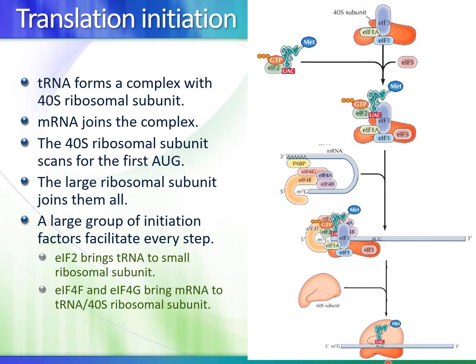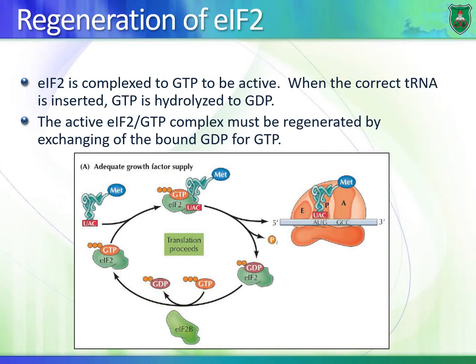Okay, and you have the first tRNA sitting in the P chamber, the one in the middle of the large ribosomal subunit. Now, initiation factors are needed, including initiation factor 2 and initiation factor 4F. So these are important initiation factors. What does E stand for, by the way?